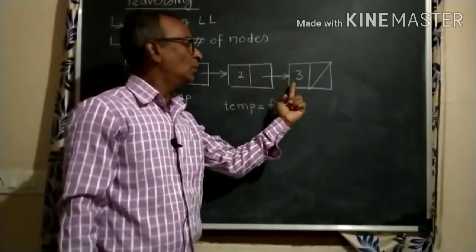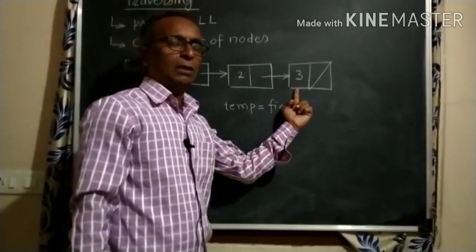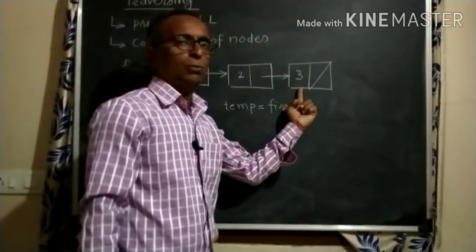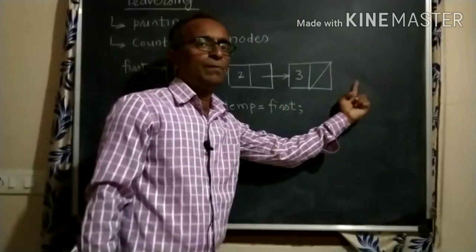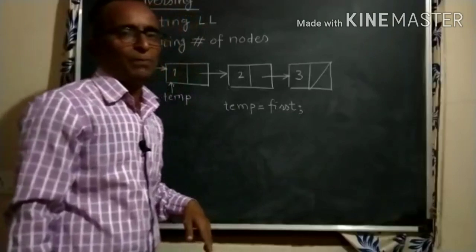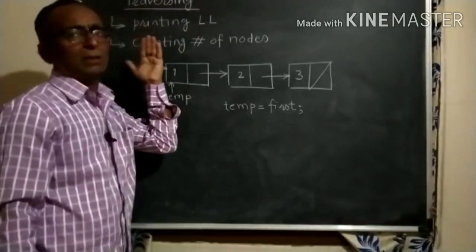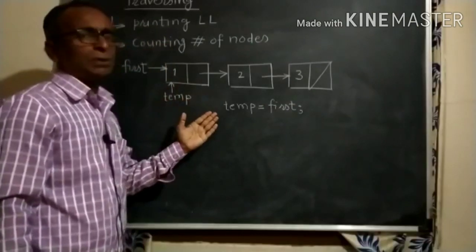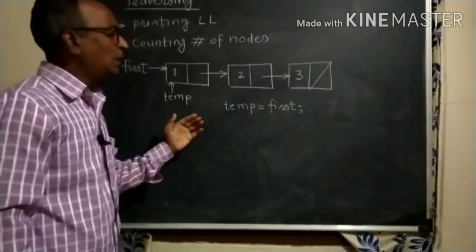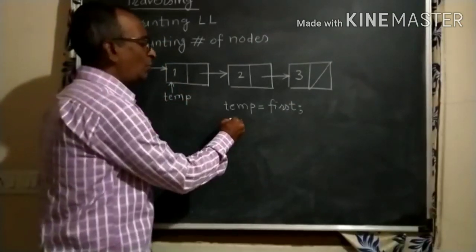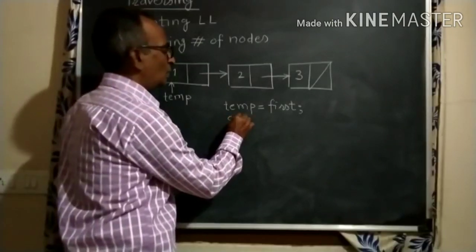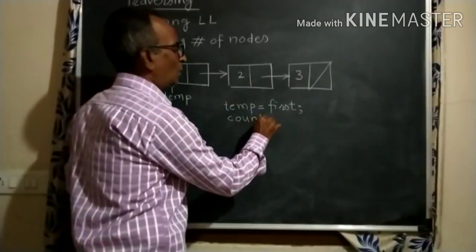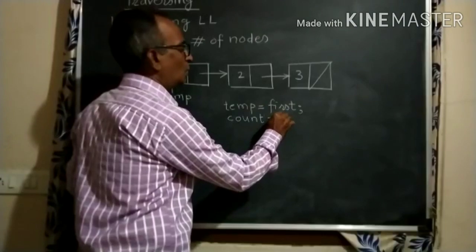When you move, then temp will have null value. So as the logic used for traversing, for printing, the same logic goes here. Only the thing is, we have to have count initialized to 0.